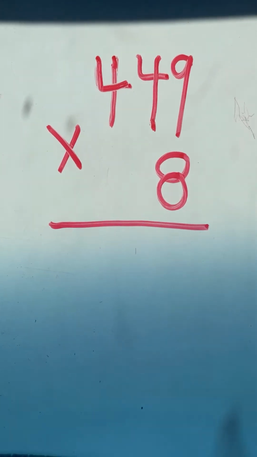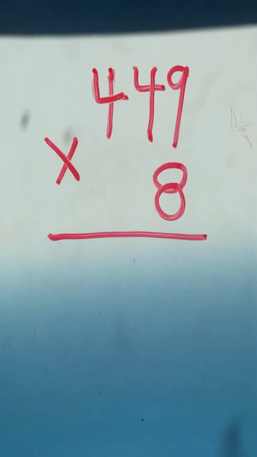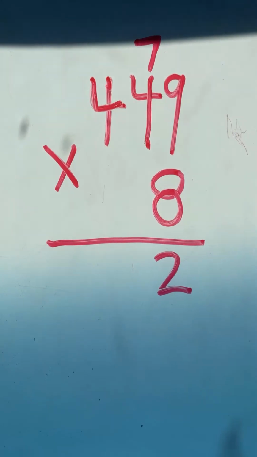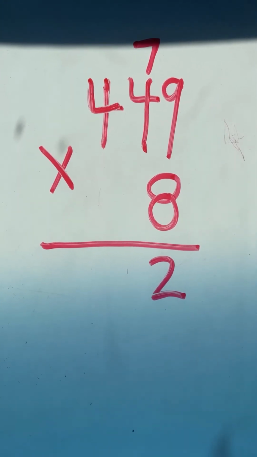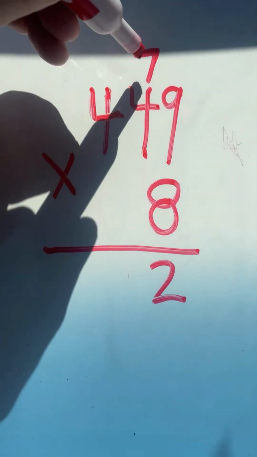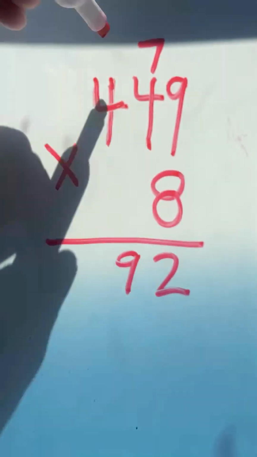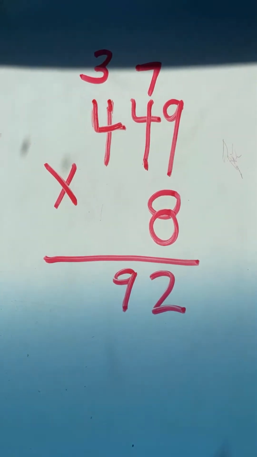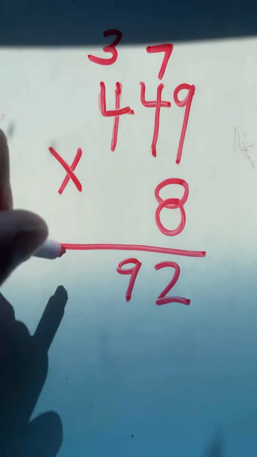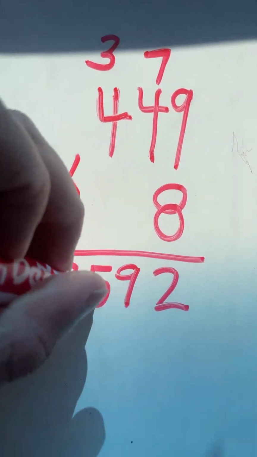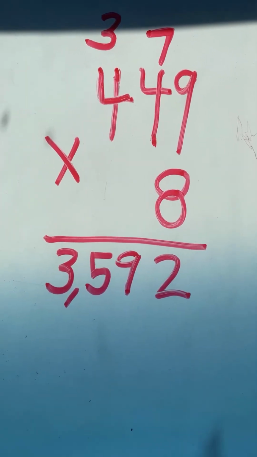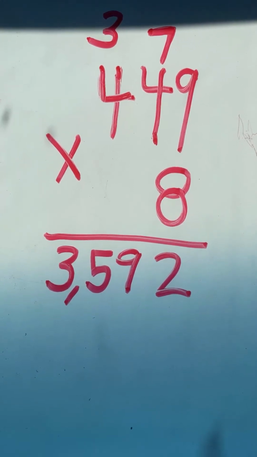All right, starting in the ones place, 9 times 8 equals 72. 2 carry the 7. 4 times 8 equals 32, plus 7 equals 39. 9 carry the 3. 4 times 8 equals 32, plus 3 equals 35. And we have our final answer. 449 times 8 equals 3,592.